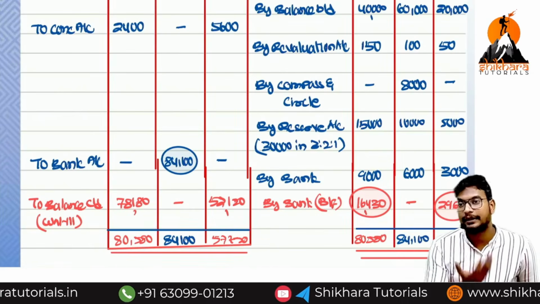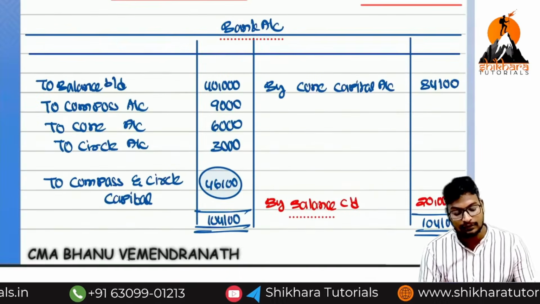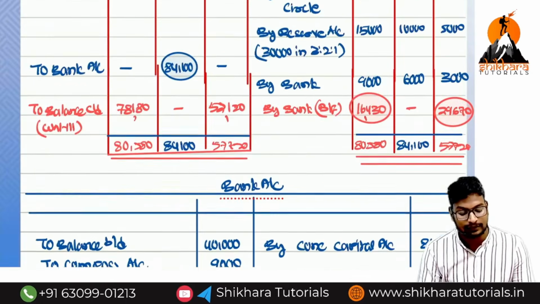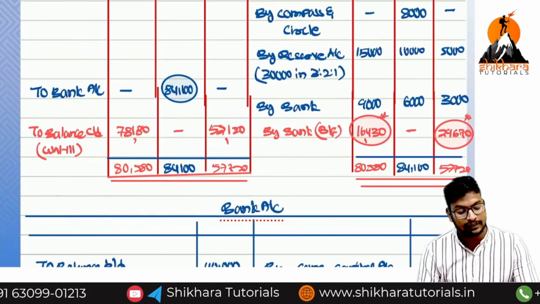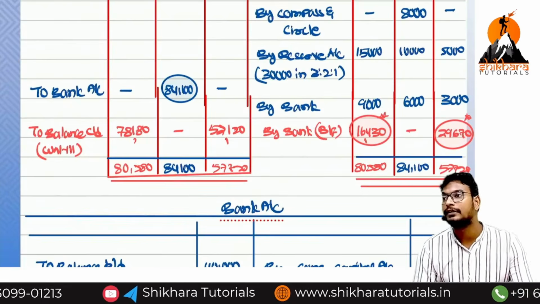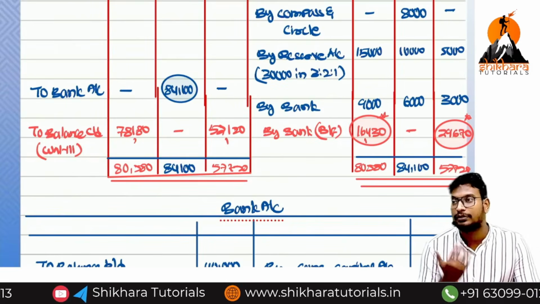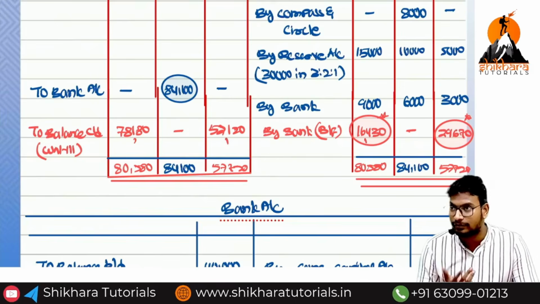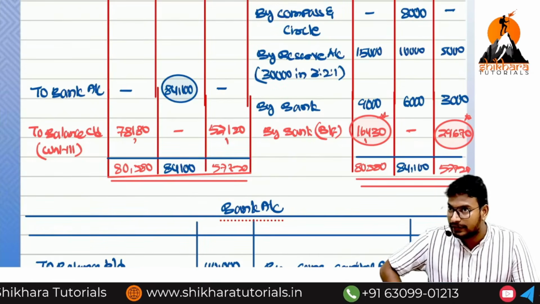So in order to repay and maintain, how much amount of cash we need to bring, amma? 46,100. In this 46,100, 16,430 should be brought by the compass, 29,670 should be brought by the circle. How did you identify this one as a balancing figure? They have told us whatever the balance available, you need to make the apportionment in the new profit sharing ratio. Are you getting the point or not?